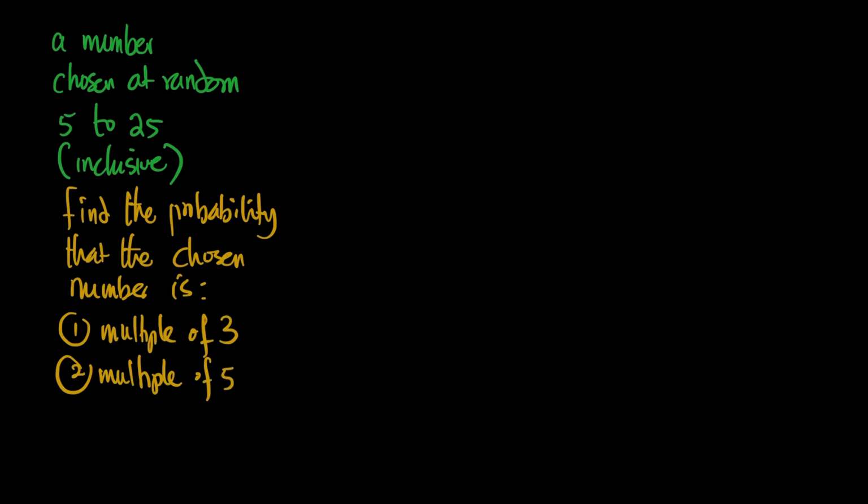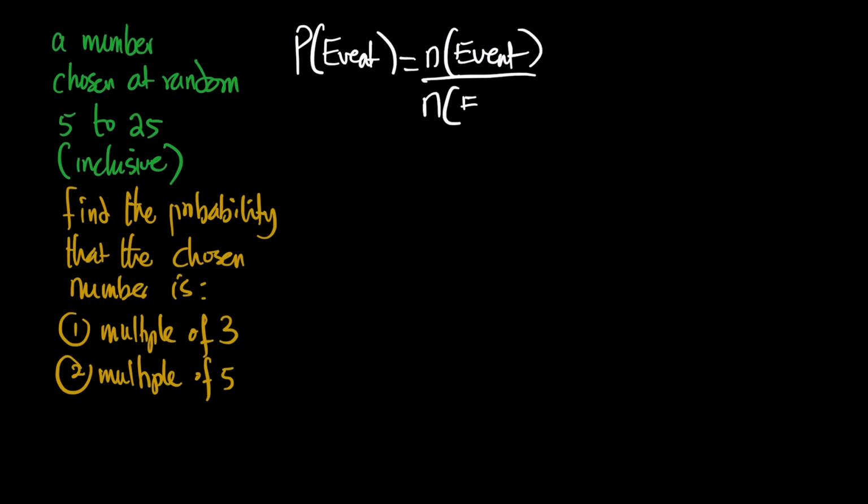Do you remember our formula on probability of an event? Don't forget that formula. It's very, very important. It's a critical formula. The probability of an event is given by the number of items in the event you're looking for, divided by the number of everything.